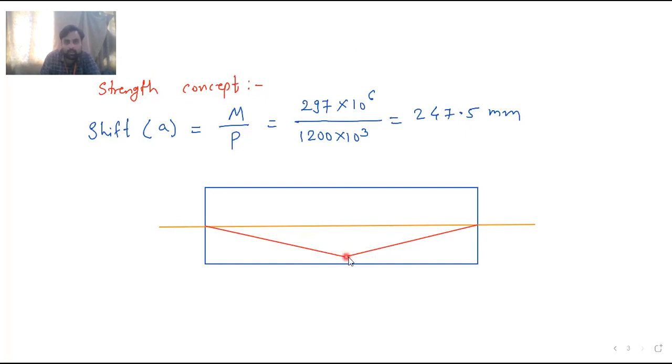See here at this point, at the maximum eccentricity point, this eccentricity is 140 mm. Initially we assume that our C line is horizontal here, before the application of the load. Now after applying the load, it is getting shifted to a distance of how much?